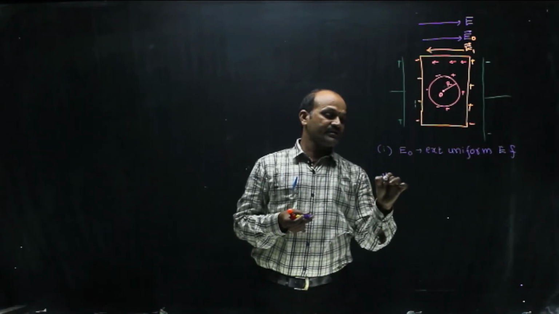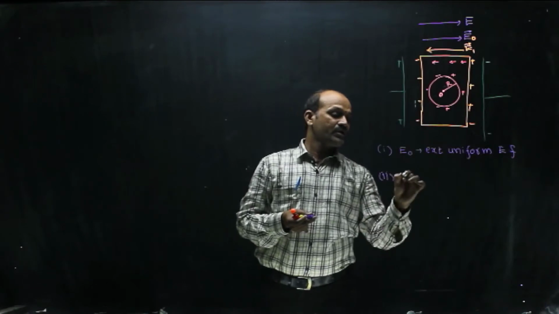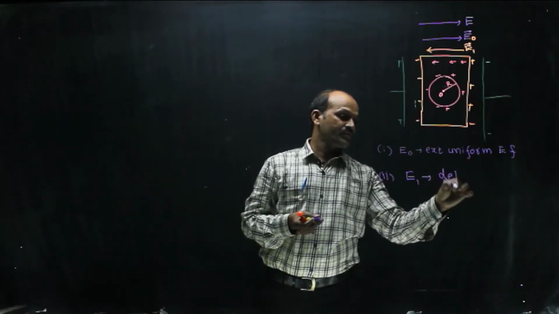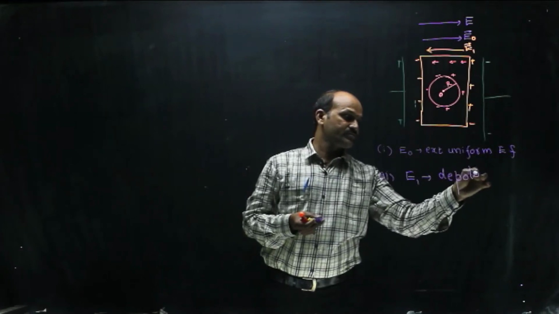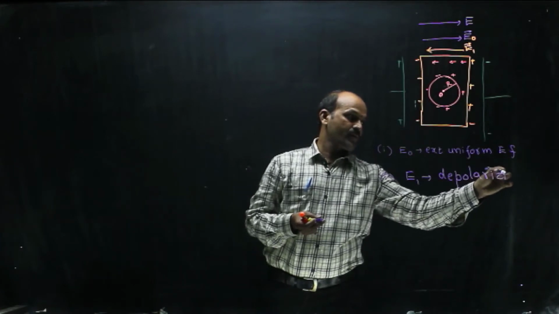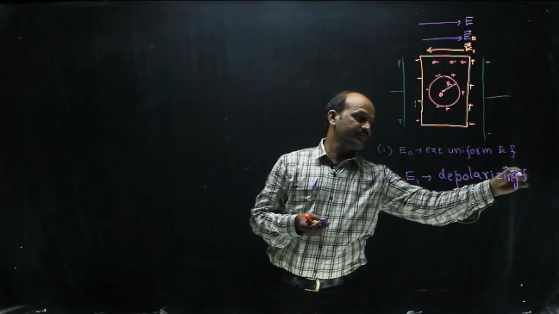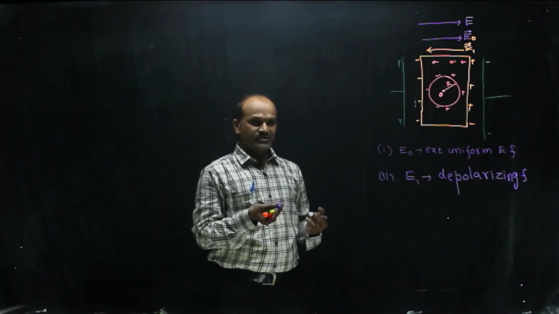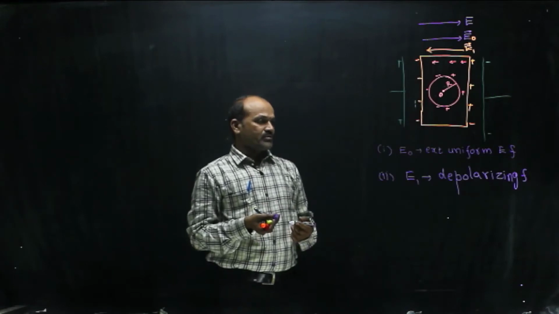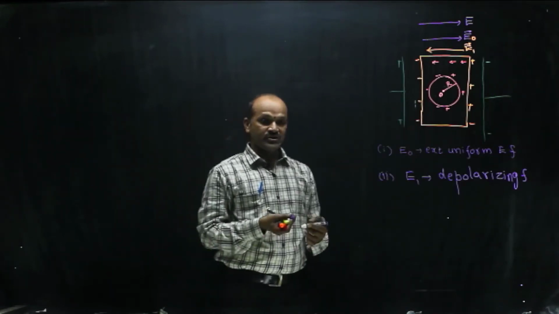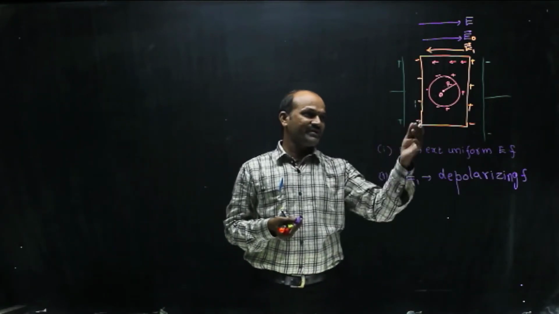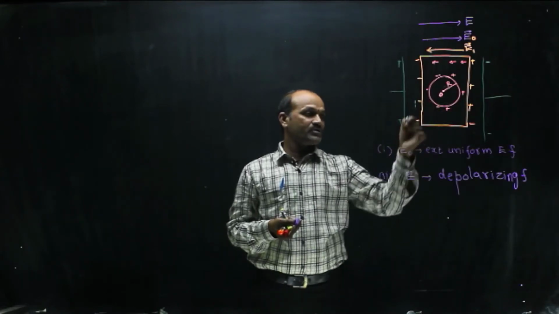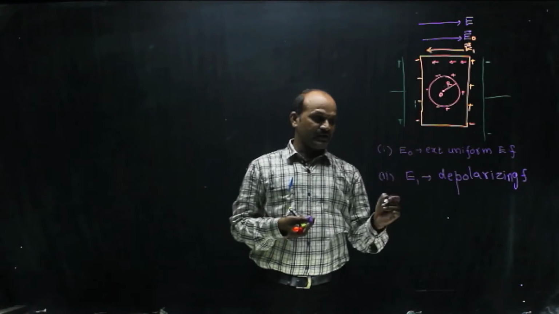Second one is E1. E1 is the depolarizing electric field, that is due to the charge density or due to the polarization induced in the slab. So we are dividing the electric field at O due to E naught, due to E1, in that manner.